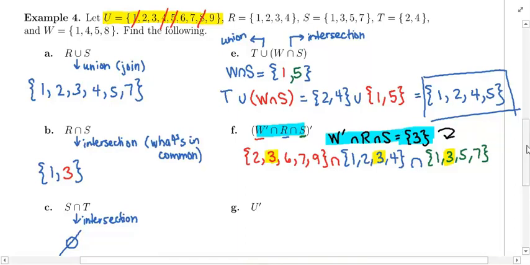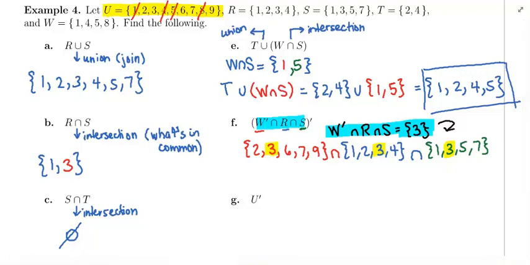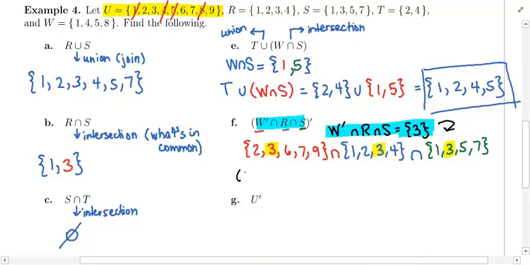Then remember, you have to apply the outer prime. So you want the complement of this. To form the last piece here, we're going to do the final answer. Take that result that we just did, which is the set 3, and now we're going to find the complement of that.